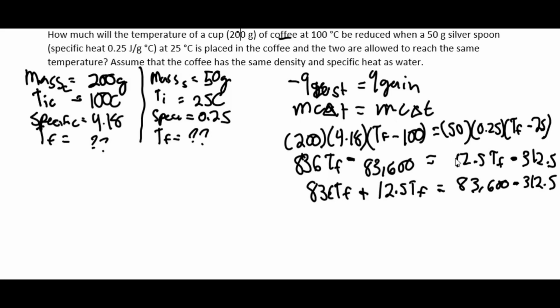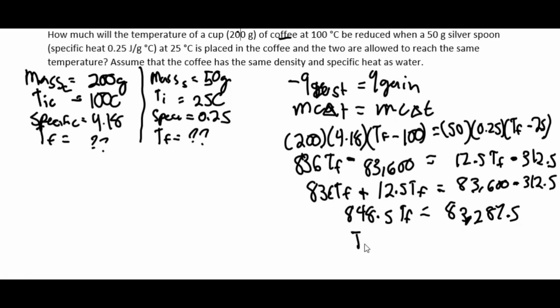So 836 plus 12.5, so 848.5 TF, and then 83,600 minus 312.5, that's 83,287.5.